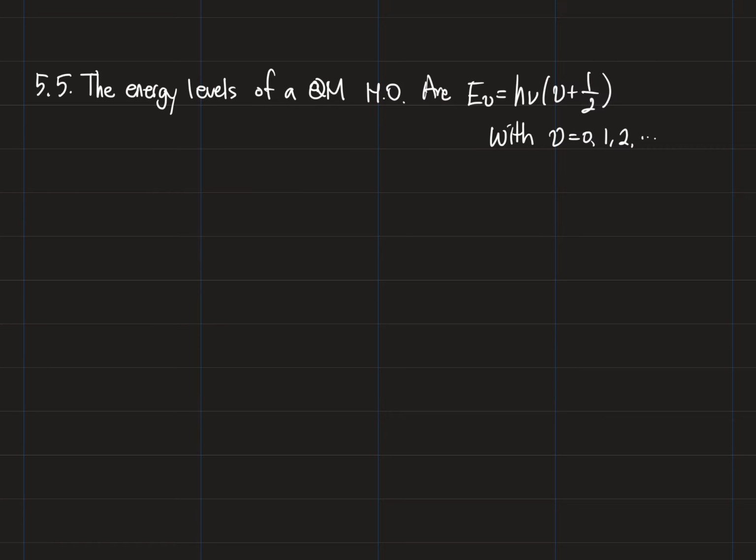So section 5.5, the energy levels of the quantum harmonic oscillator. We are now discussing the harmonic oscillator in the quantum mechanical regime, and its energy level is quantized, as you can see here.